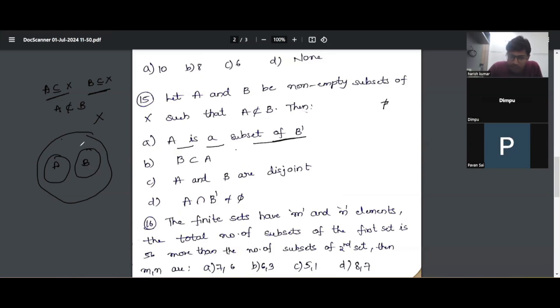Can we say that B is a subset of A? Can we say this? Can we say that A and B are disjoint? Yes, sir. ఎలా చెప్తాం? ఇలా ఉండొచ్చు కదా, AB.